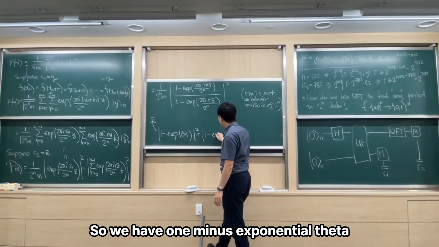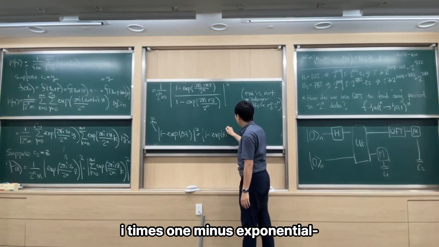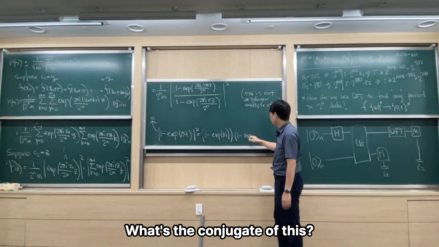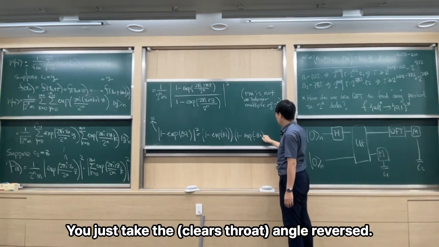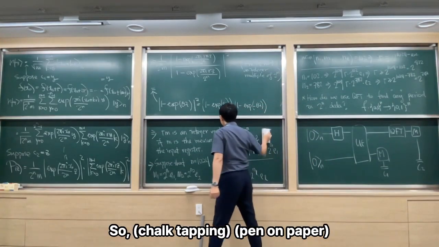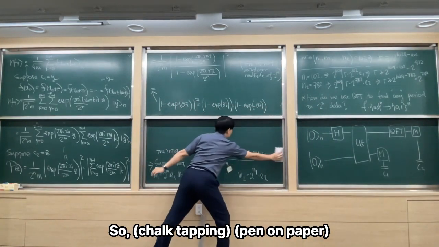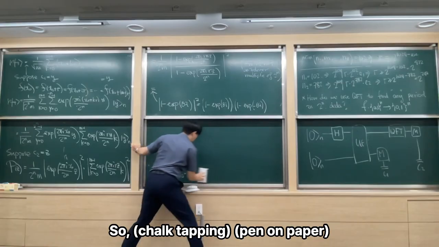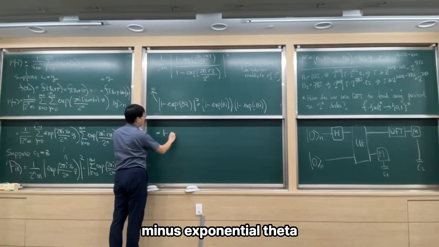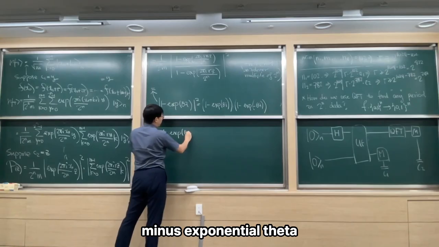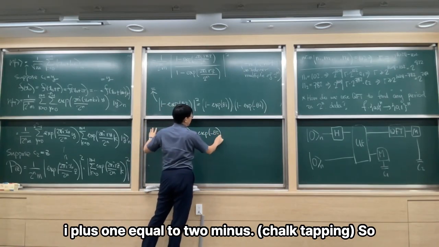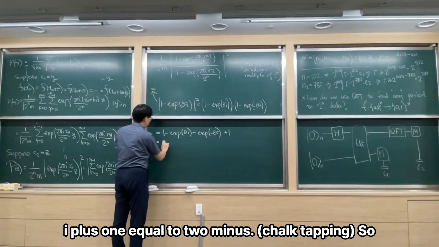So we have 1 minus exponential theta i times 1 minus exponential of the conjugate, which just takes the angle reversed. This is equal to 1 minus exponential theta i minus exponential minus theta i plus 1, so it's a 2 minus.